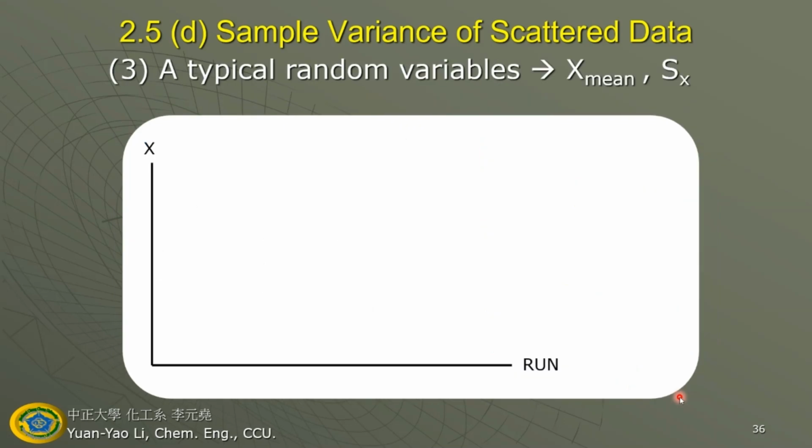Right. So now you know how to express scattered data using the arithmetic mean and error limit. Okay.